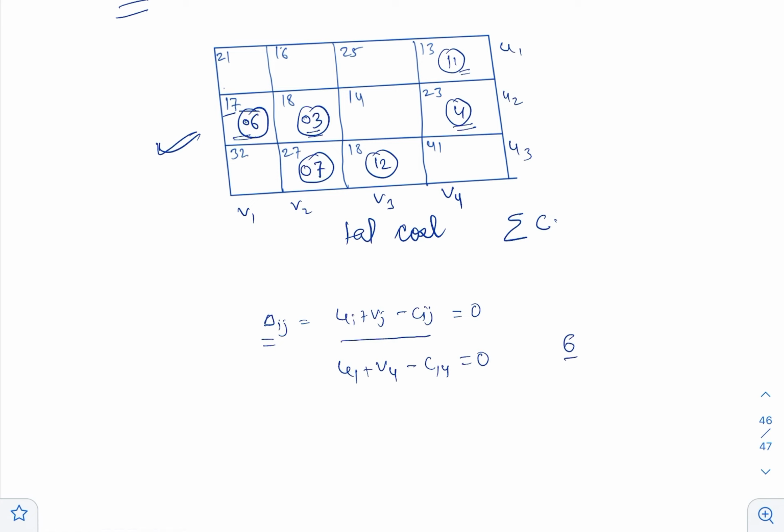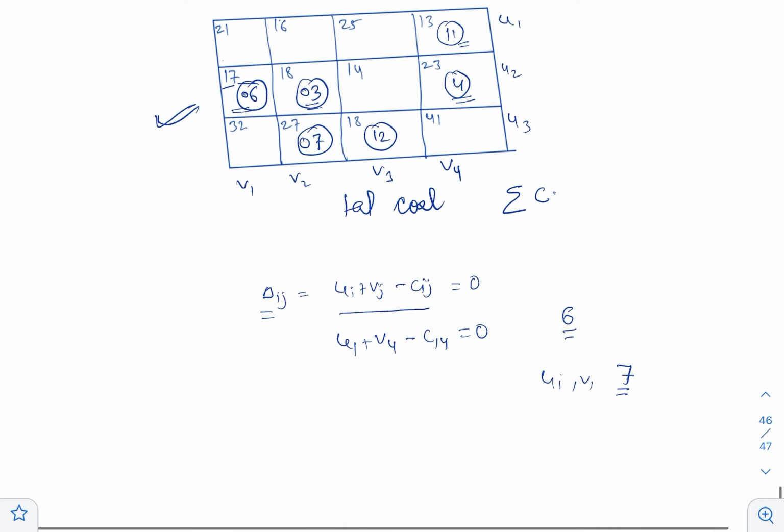So we will get 6 equations and we have 7 variables. So we have one more variable than the equations. So we randomly choose a variable and assign it 0 value, and then we have 6 variables and 6 equations remaining, which we will solve. So let us assign U2 as 0.